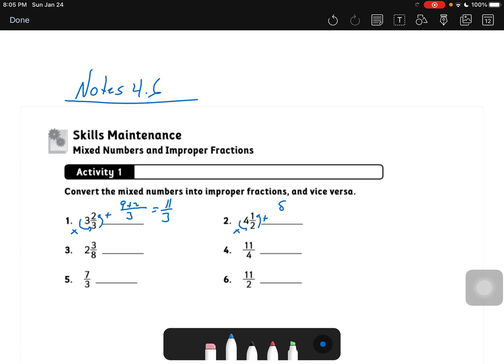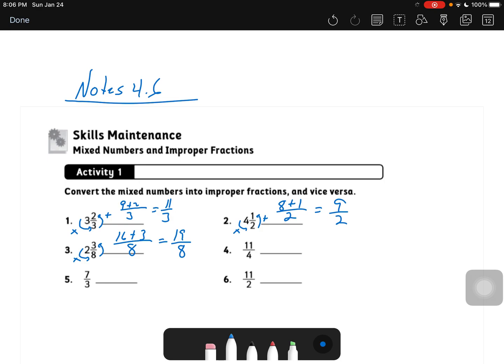So 4 times 2 is 8 plus 1 over 2, so that's going to be 9 over 2. And then for number 3, 2 times 8, and then we're going to add 3 to that, so that'll be 16 plus 3 over 8. 16 plus 3 is 19, so 19 eighths.